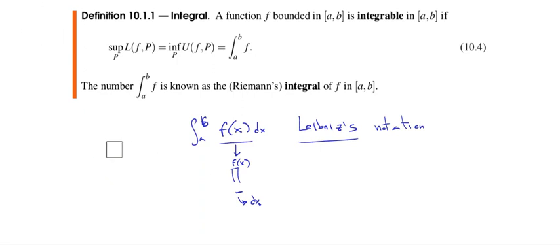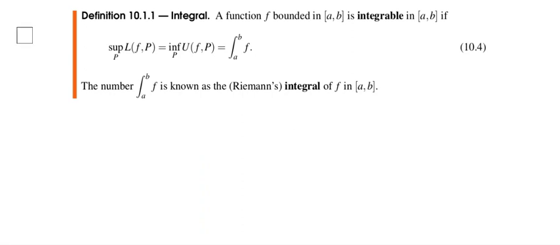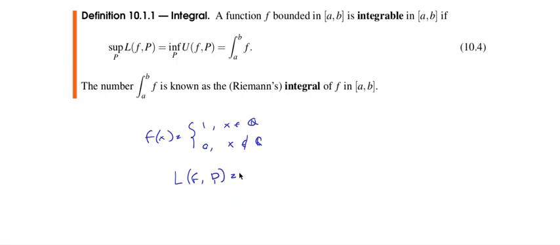So, not all bounded functions are integrable. For instance, a typical example of a non-integrable function is the function that is 1 when x is a rational number and 0 when x is not rational. It's not going to be integrable because, for every partition, it doesn't matter what partition we choose, the lower value of the function is always going to be 0, because in all intervals there's always at least one irrational number.